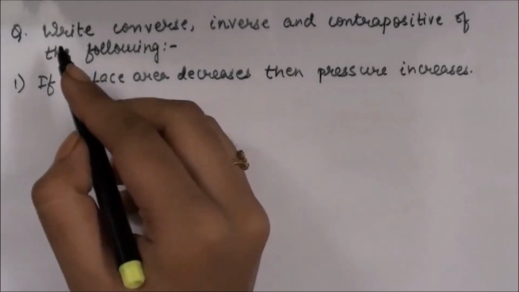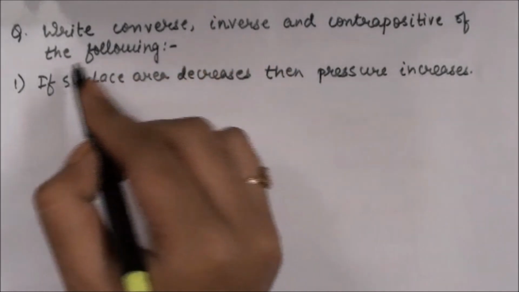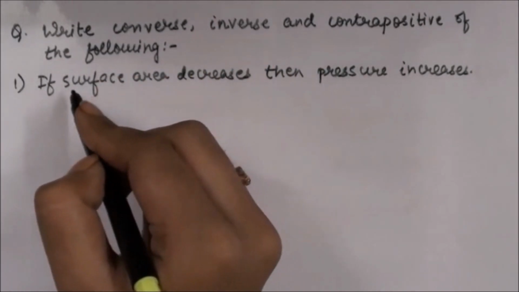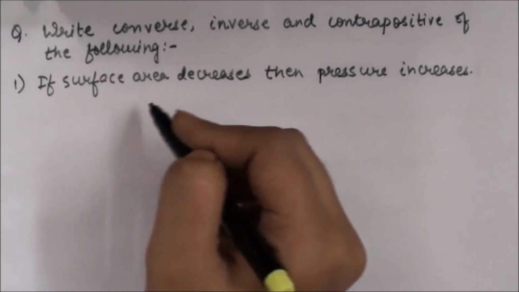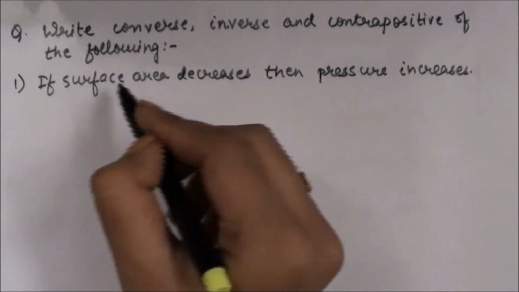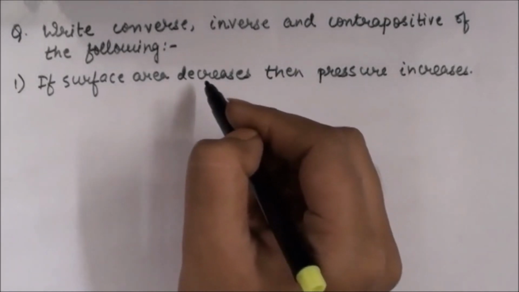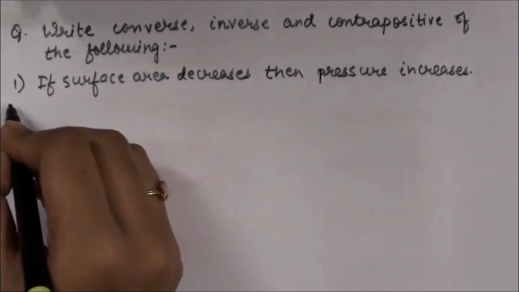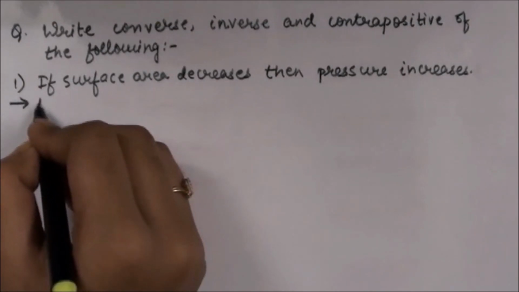Next question is, write converse, inverse and contrapositive of the following. So we have to write these three types of statements for the given statement. The statement is, if surface area decreases, then pressure increases. So first let us separate the two statements.